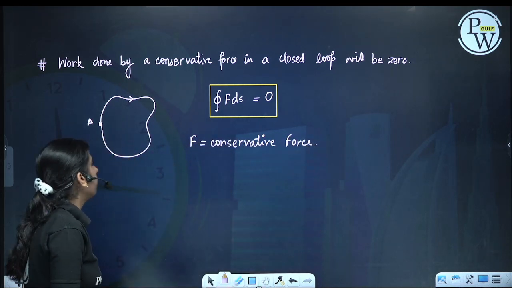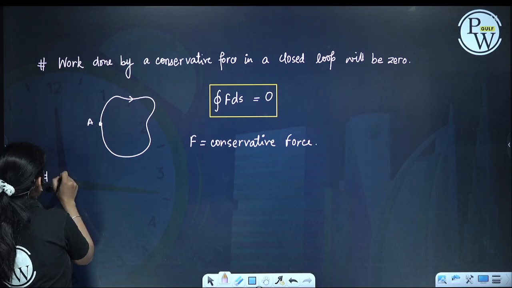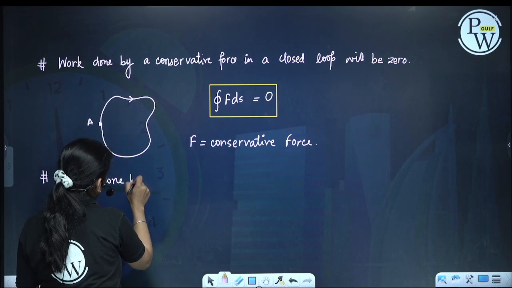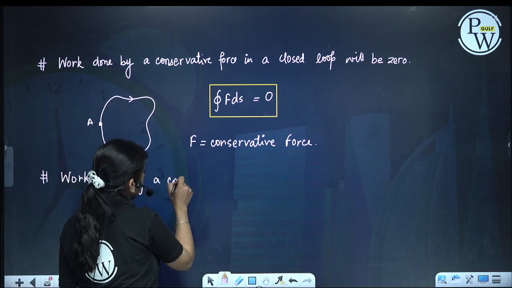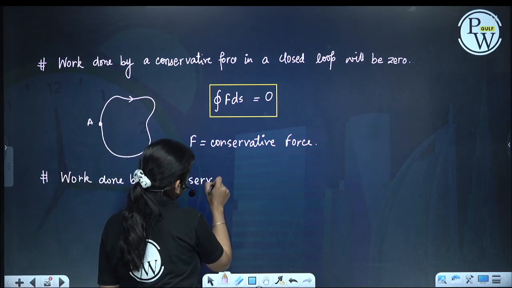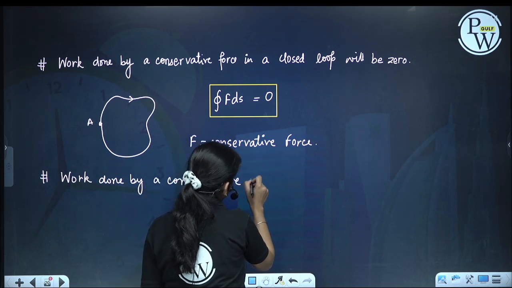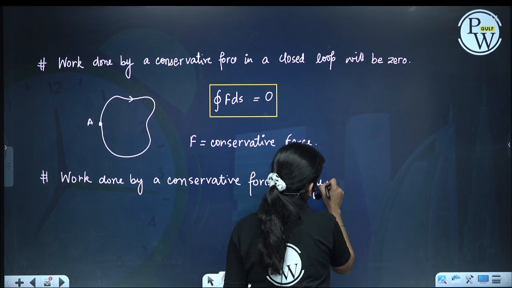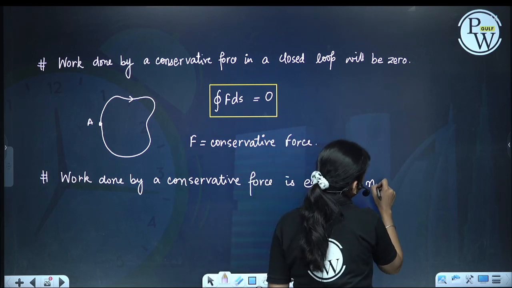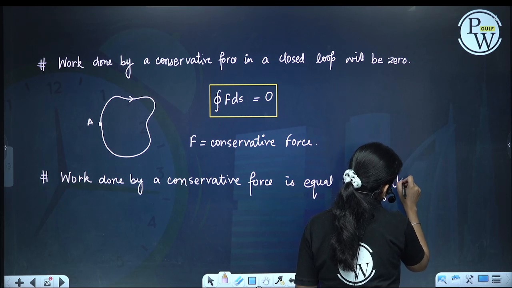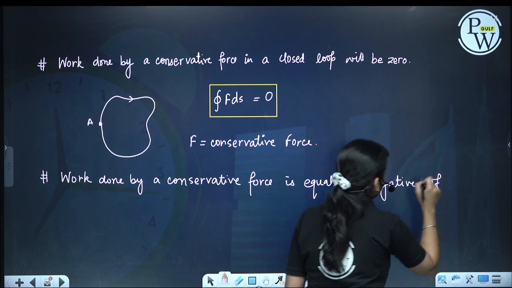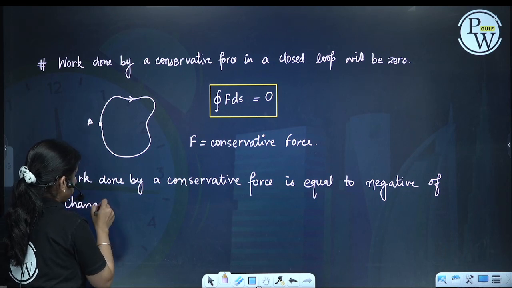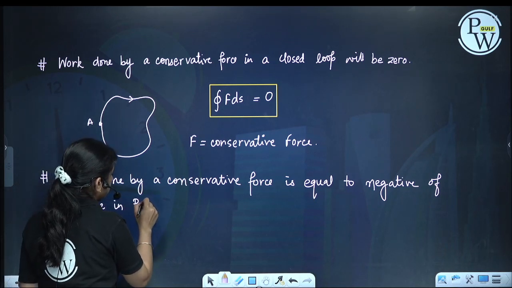Next property we have is that work done by a conservative force is equal to the negative of the change in potential energy.